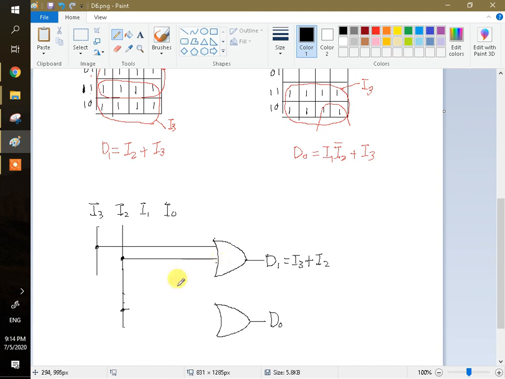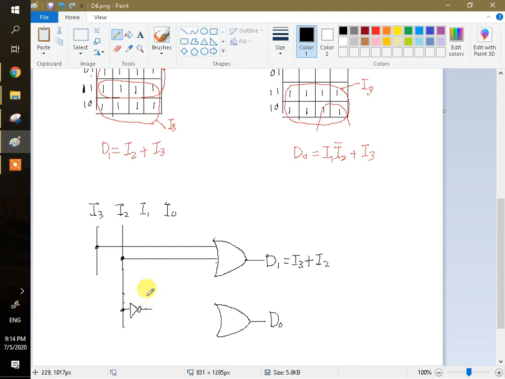Remember I2 bar. So we need the inverter here. Even though sometimes I try to do it very fast, I still need to make sure it's clear. We cannot sacrifice all this clarity for the time. Do it fast, but do it properly.